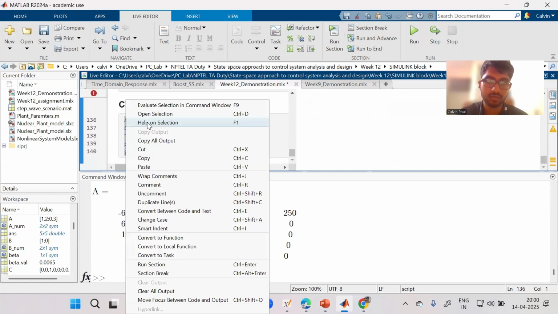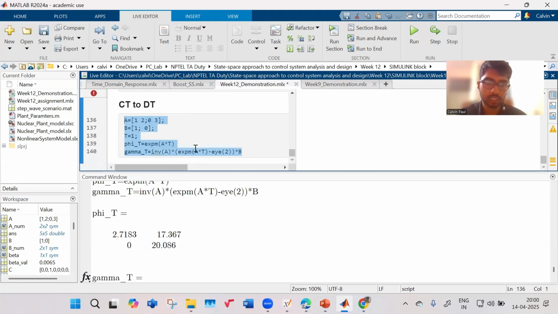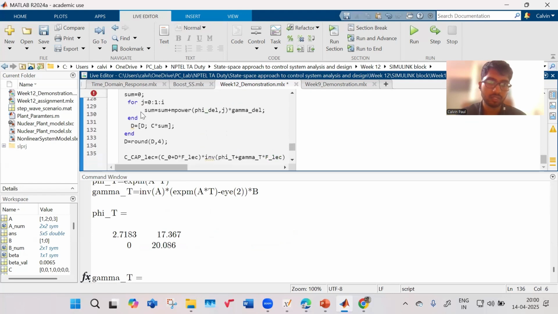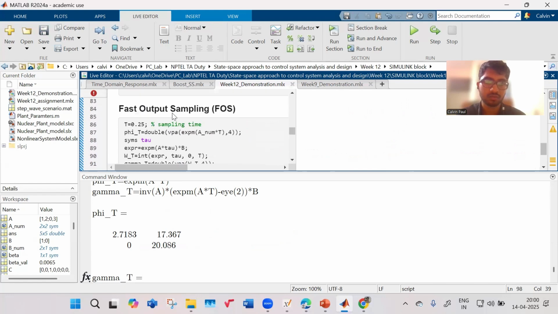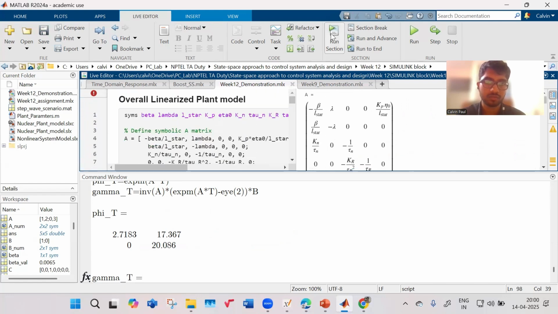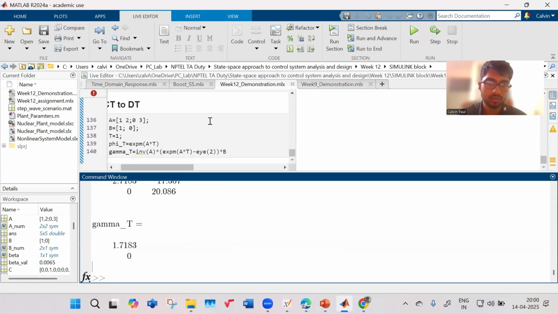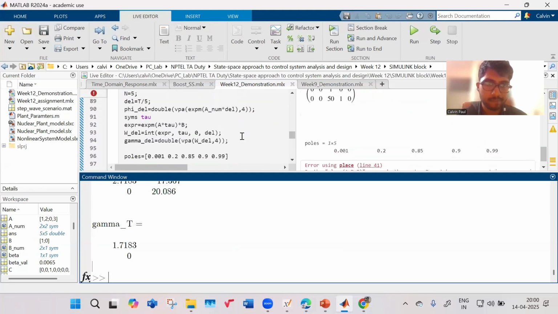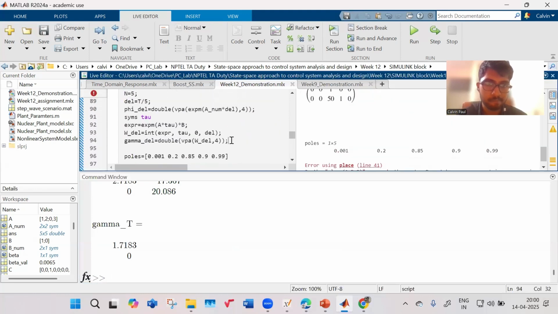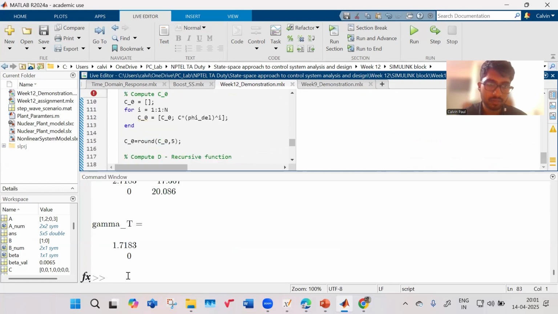Better let us evaluate this here. This comes out to be our gamma t like this. Okay, let me go to the top. Let us find gamma t using this method.